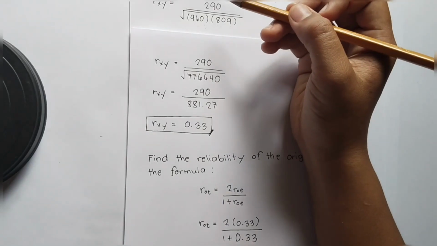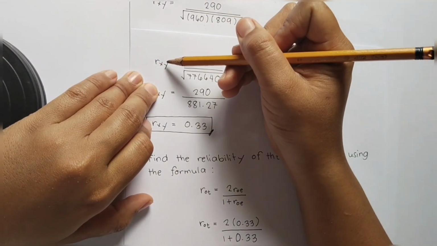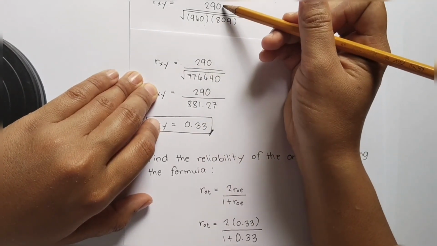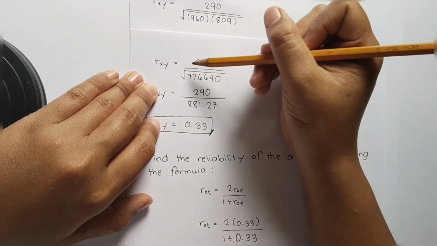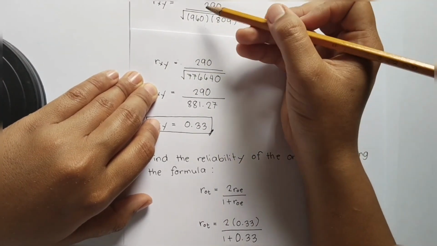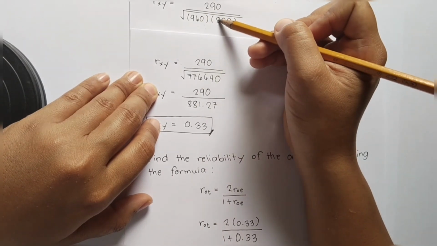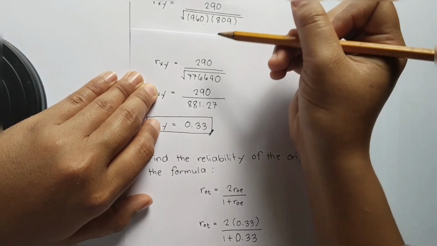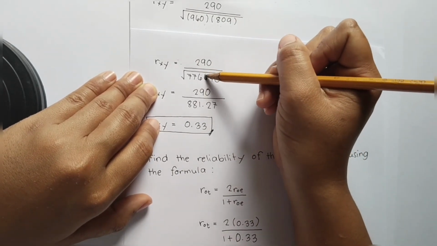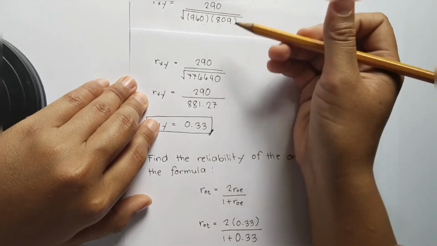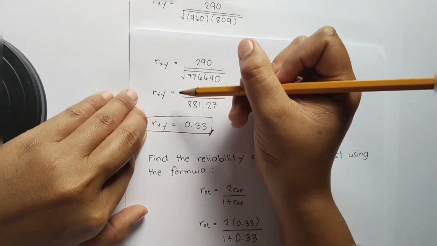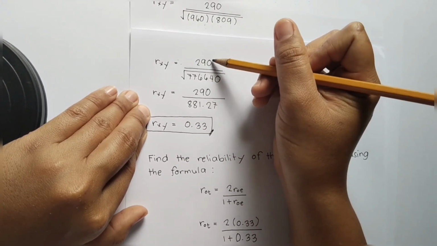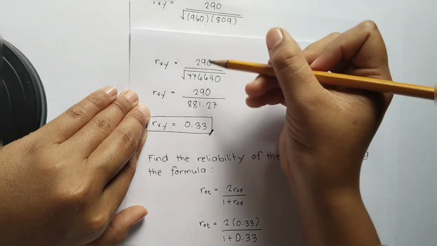So, yun. Next is Rxy is equals to 290. Ikakopy lang muna natin yung nasa itaas. Over the square root of, ngayon, ito muna yung i-multiply natin. So, 960 times 809 is equals to 776,640. So, square root. So, next is, ikakopy pa rin natin yung 290.